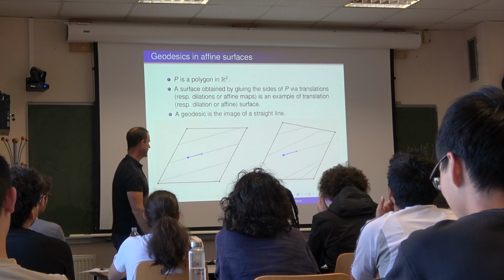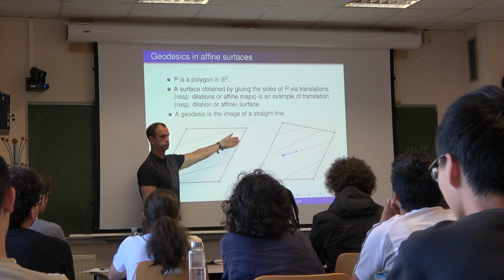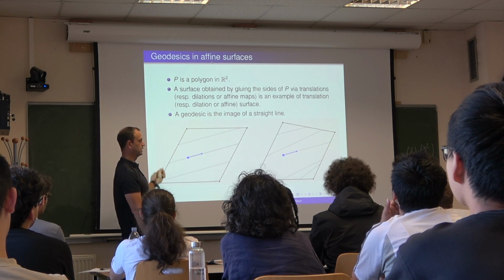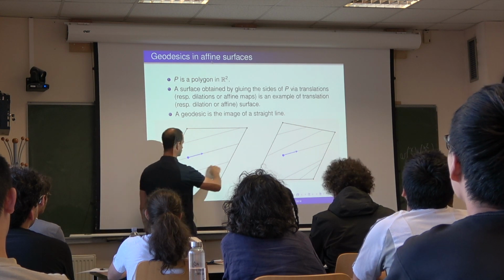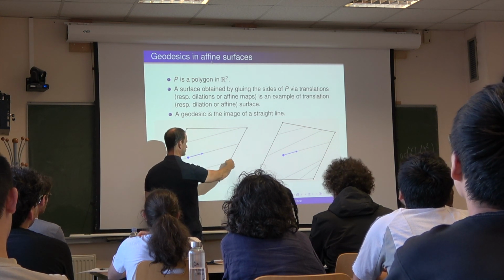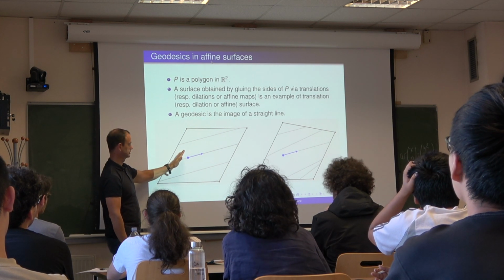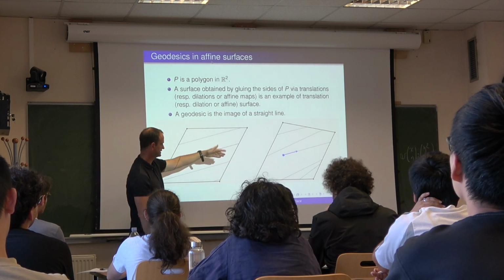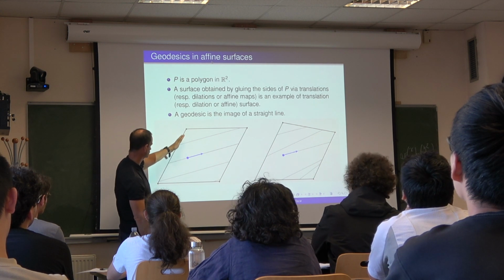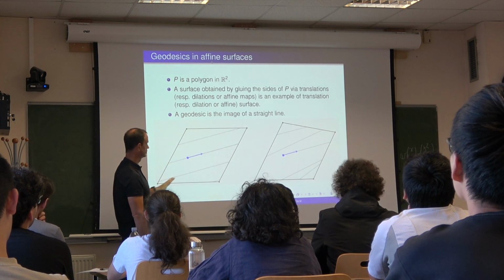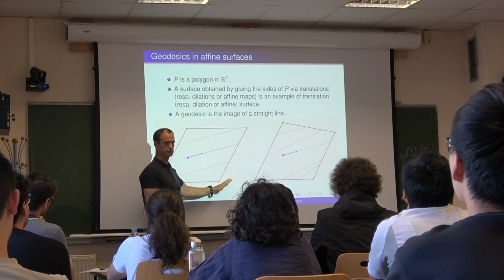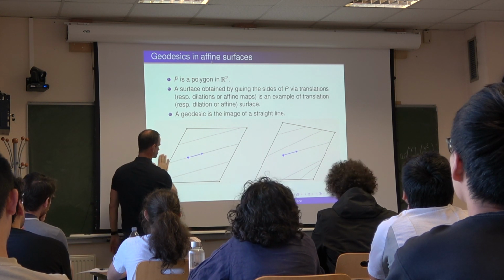So again we start with a polygon in R2, but now instead of reflecting along the sides, we'll just glue the sides. So here in this picture I just decided to glue the left side of this polygon to the right side of the polygon using a translation.